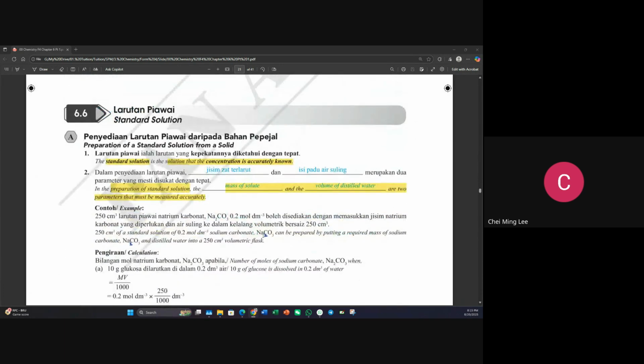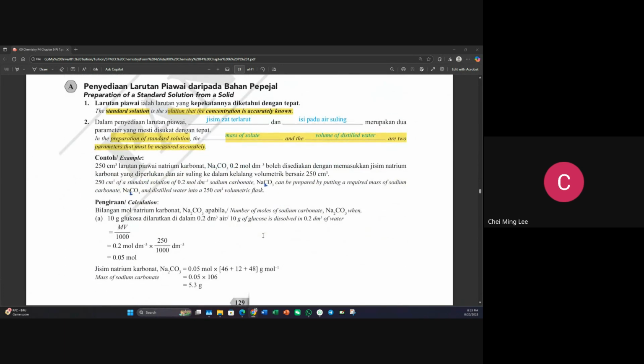So let's see the standard solution. What is called a standard solution? A standard solution means the solution whose concentration we already confirm. So a standard solution is a solution whose concentration is accurately known.